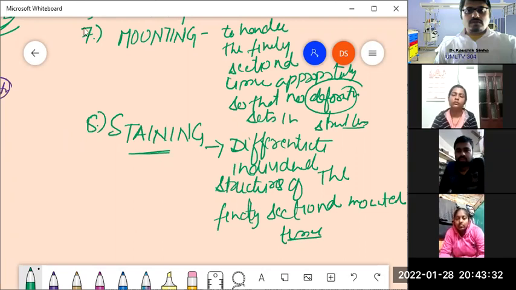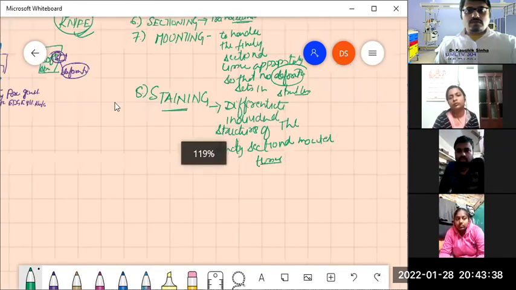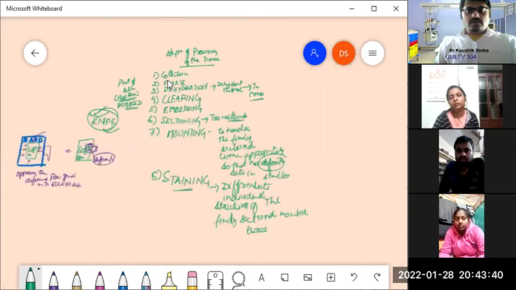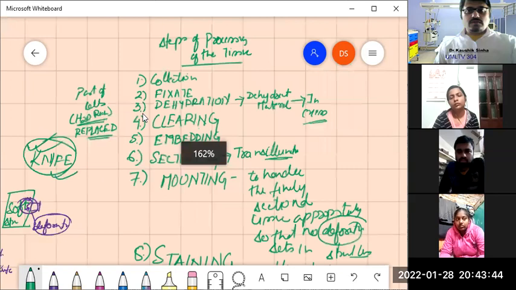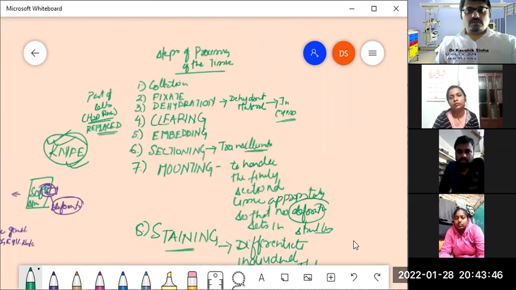But consider that we are performing staining without dehydrating the tissue. Suppose if we bring the third step below the eighth step, what is the natural consequence then? Staining a non-dehydrated tissue. If we bring the third step below the eighth step, then there would be a staining without dehydration.